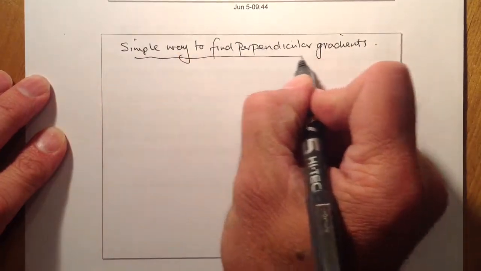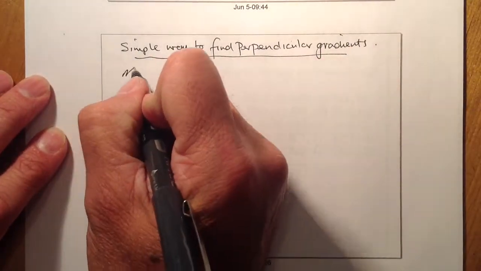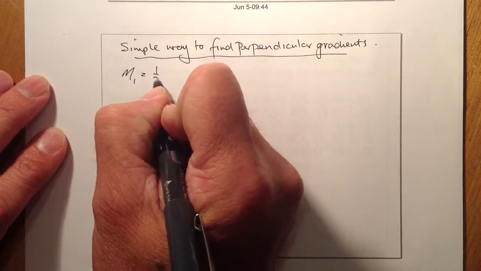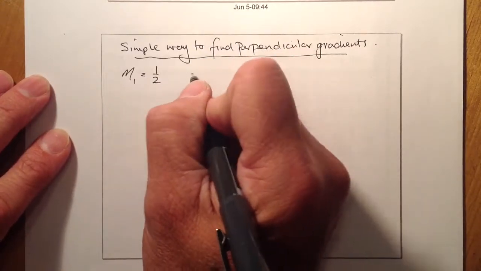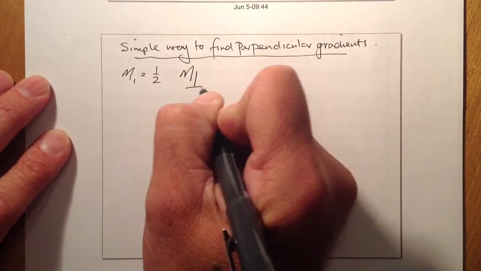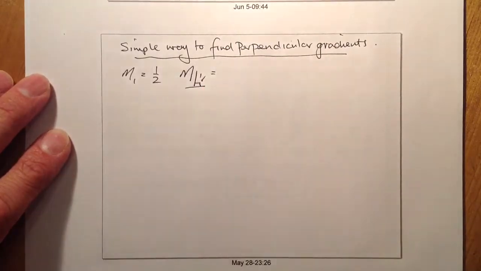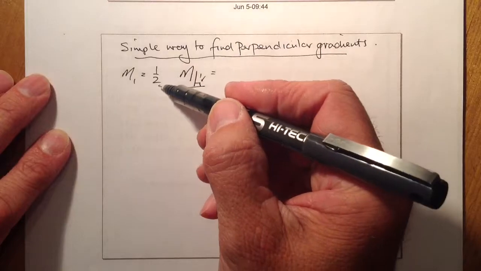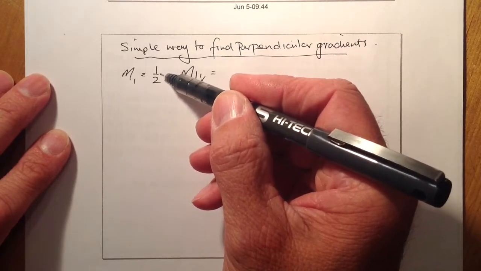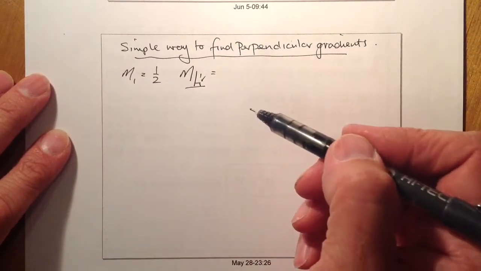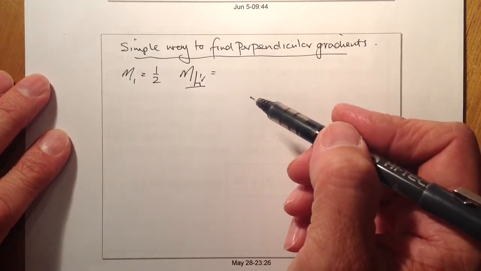Right, so let's see. If gradient 1 was equal to 1/2, then straight away what I could say is that the perpendicular gradient, so I've just got a wee right angle sign there, is going to be equal to, what I'm going to do is just flip this fraction over and change the sign, just similar to what you would do when you're dividing out fractions.